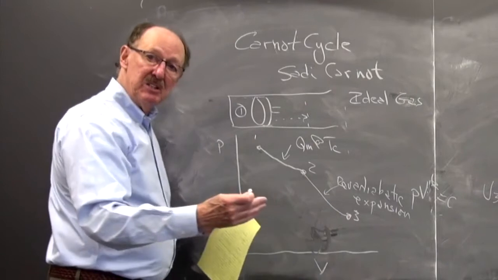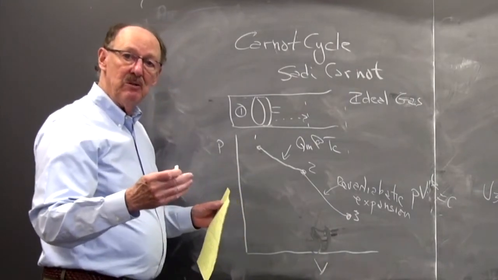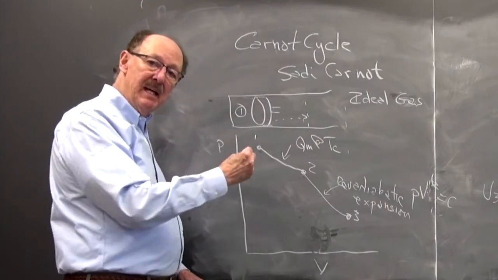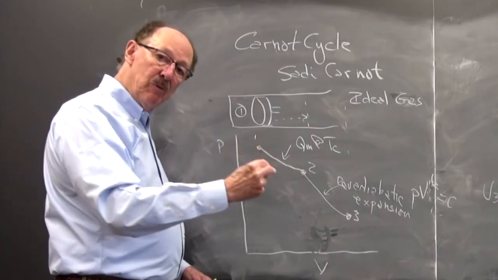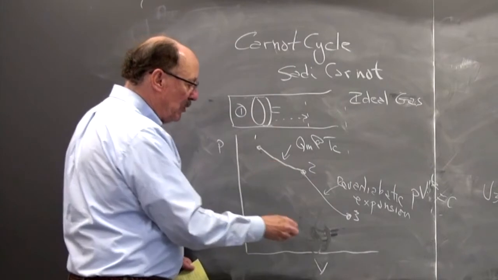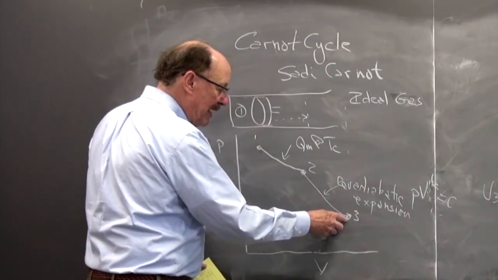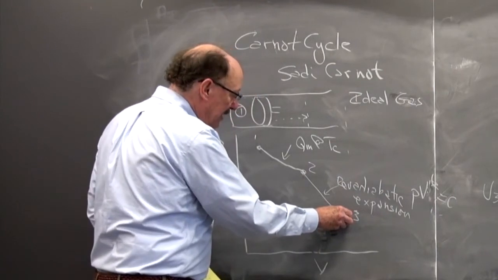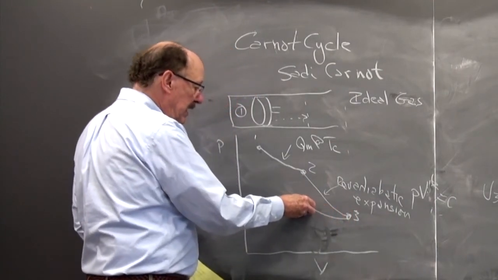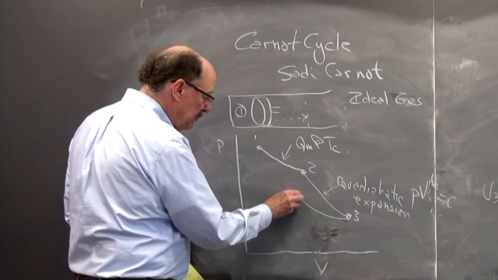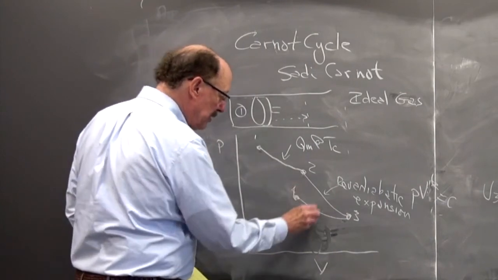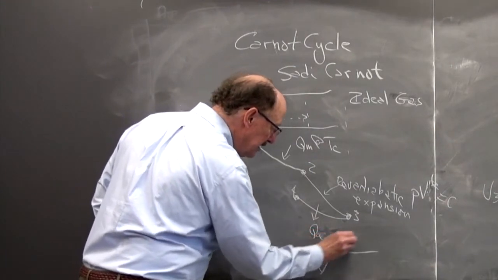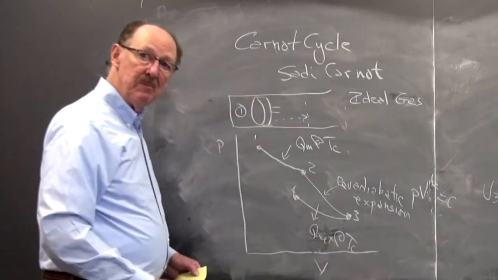Now, because this is going to be a 4-process cycle, as you remember from chapter 6 with the 3-process cycle, we have to get back again. So now we're going to have a parallel process to the heat in. We're going to have heat rejected. Now we're at a low temperature and a low pressure. We're going to have constant temperature heat rejection from 3 to 4, so here we're going to have Q out at TC, T cold, at a low temperature.